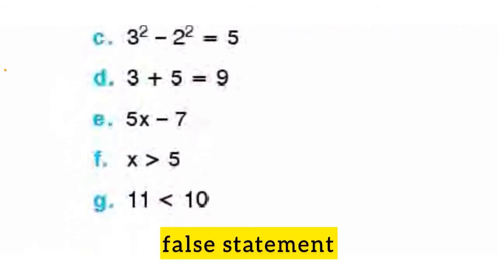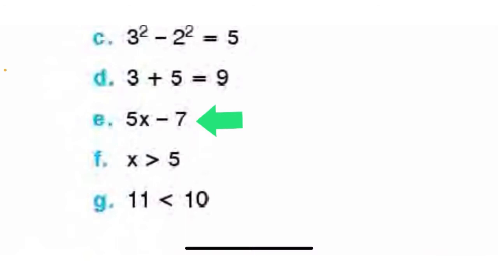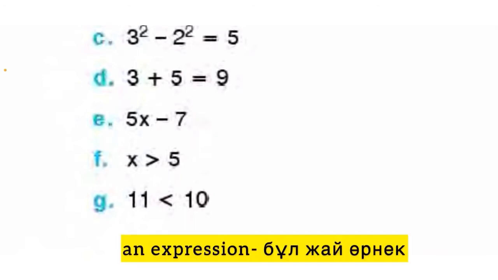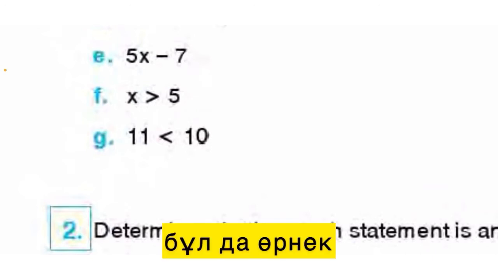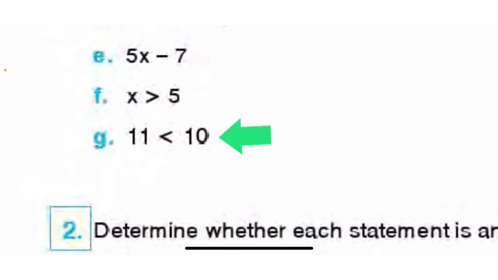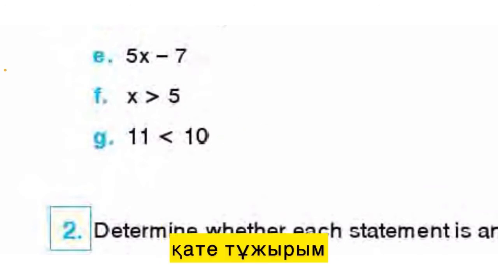5x minus 7. This is not a statement. This is an expression, an algebraic expression, with one variable x. x is greater than 5. This is also an expression. 11 is less than 10. This is false, but yes, it is a statement.